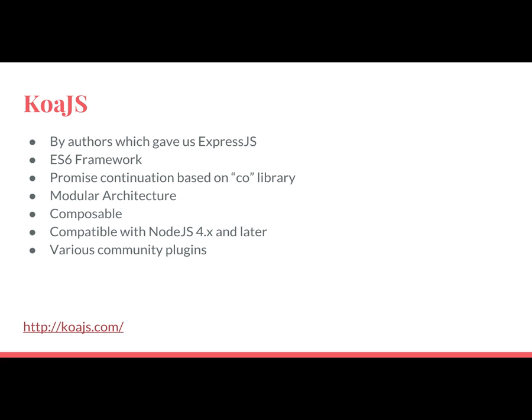It's an ES6 framework. As we have seen in previous videos, if you want to achieve continuation on promises, the co library is good, and so internally it uses the co library to achieve the yielding of various different things.